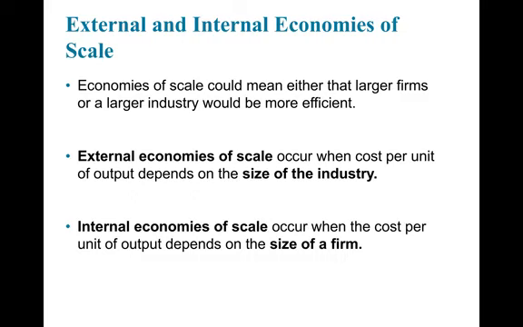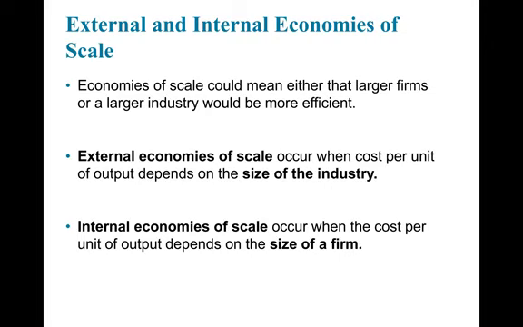Now, the distinction which I mentioned between external and internal economies of scale is useful because the presence of either has implications for market structure. Economies of scale could mean either larger firms or a larger industry. A larger industry you could imagine as a large number of not necessarily big firms.